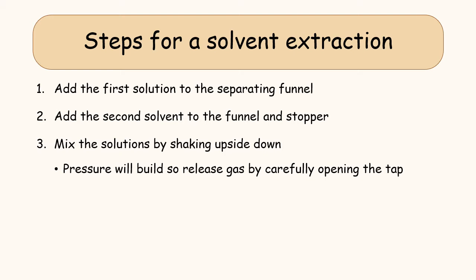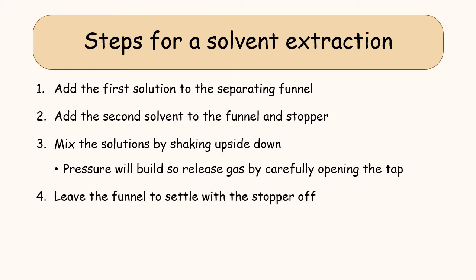And you get like a hiss when you open that tap because gas will rush out. You then turn it back round so that it's the right way up with the tap at the bottom. You take the stopper off. If you don't take the stopper off, it's going to take a very, very long time for the layers to settle. But if you take the stopper off, they will settle relatively quickly.